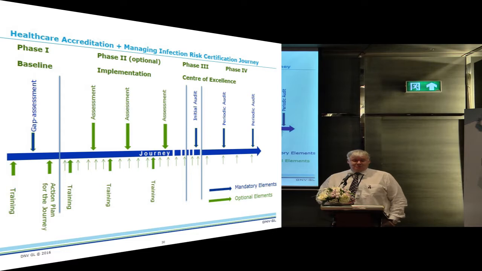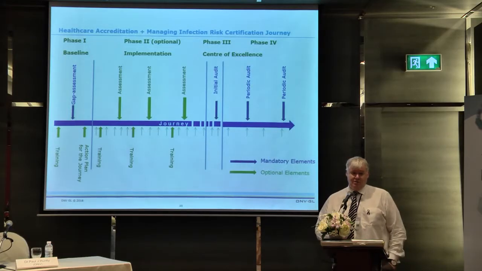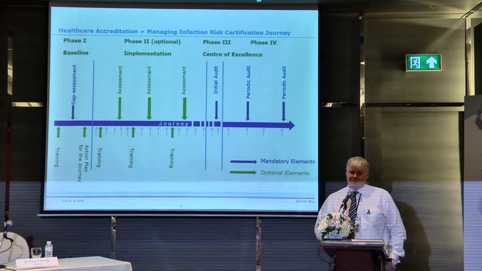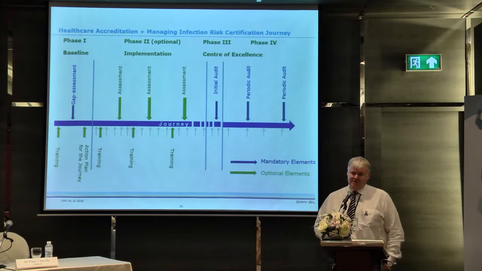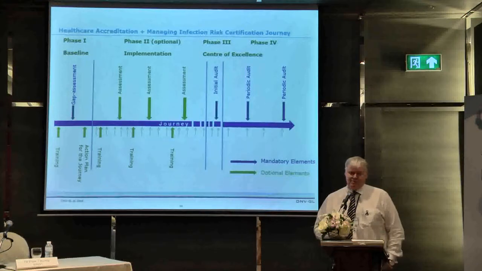The people seem to be genuinely interested in talking about this in a way that maybe it has not been presented to them before. Then there can be trainings, other gap assessments, etc., before the certification visit. For most hospitals, probably take 1 to 2 years to achieve certification. Some may be quicker, some may take more time, but it's not something that happens at the end of the first week. It really is very much a journey.